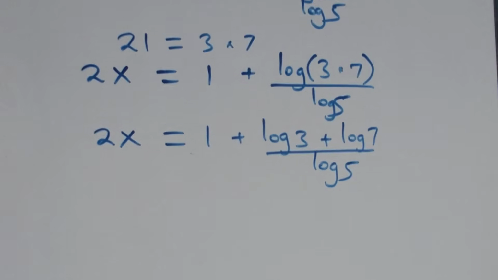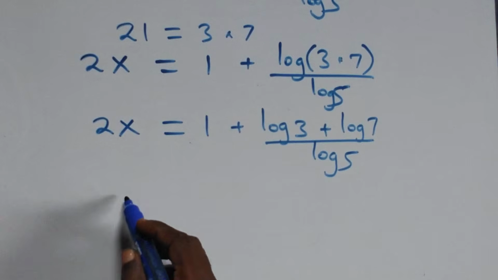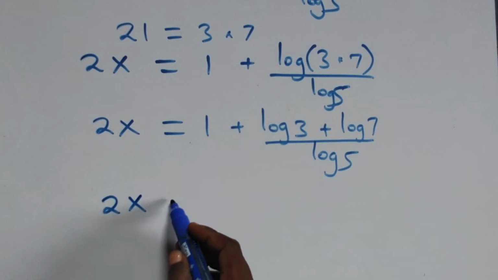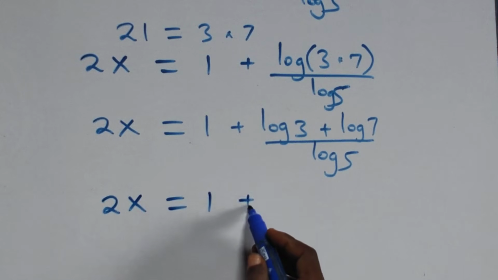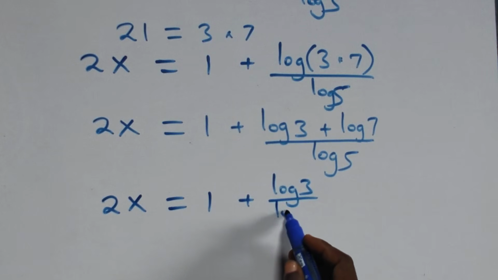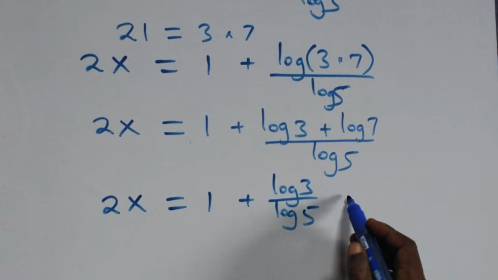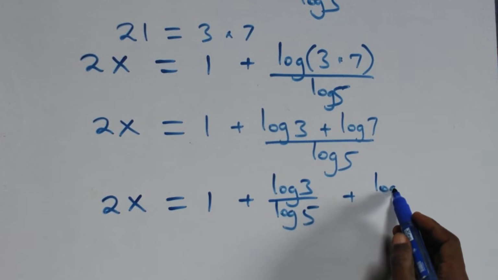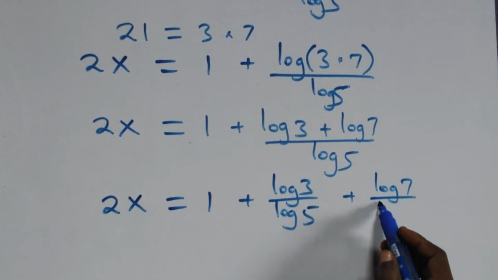Also, separate this into two fractions. We have 2x equals to 1 plus log 3 over log 5 plus log 7 over log 5.